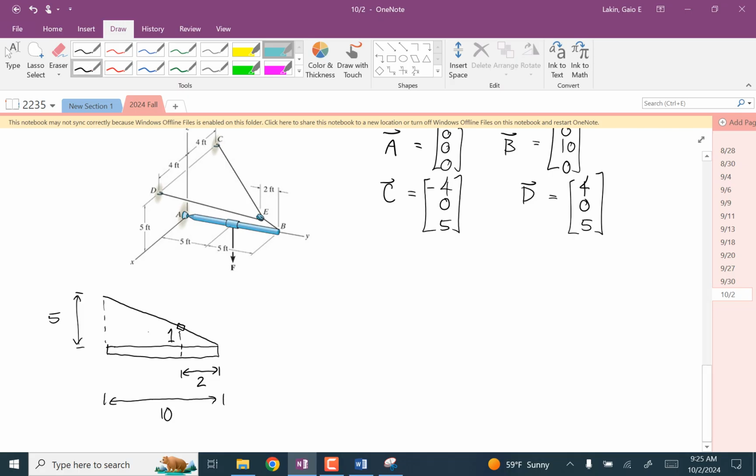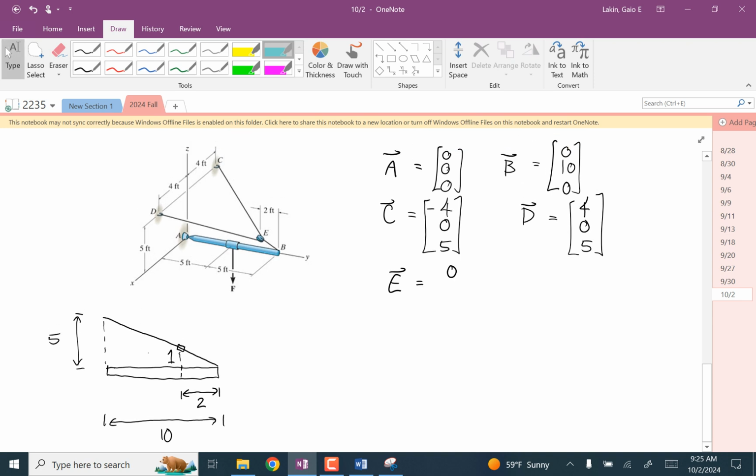So E is going to be 0 for x, it's going to be 10 minus 2 for Y, and then 1 for Z. And then F, let's call F the point where that force F is applied.